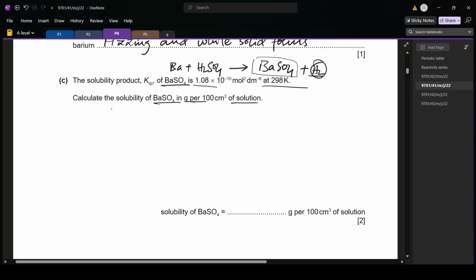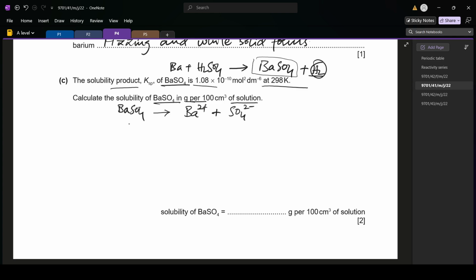Okay, so the equation for the solubility of barium sulfate is like this. If barium sulfate dissolves, it will form barium 2+ ions and sulfate 2- ions. Okay, so these will be the ions in the solution.